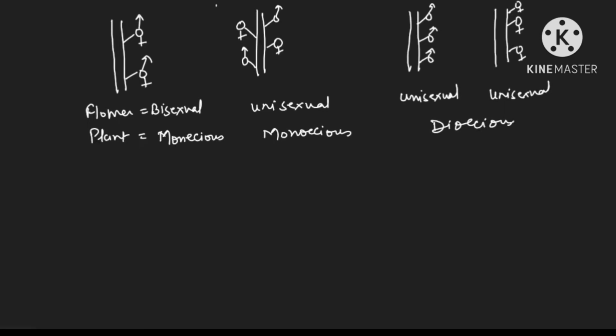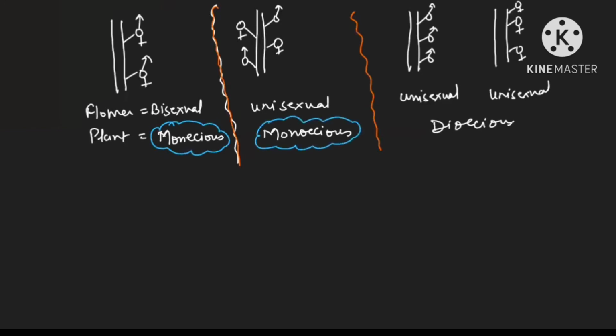Is it clear? So please understand the difference between unisexual and bisexual flowers, and monoecious and dioecious plants. Monoecious plants can have unisexual or bisexual flowers, but a dioecious plant will have only unisexual flowers.